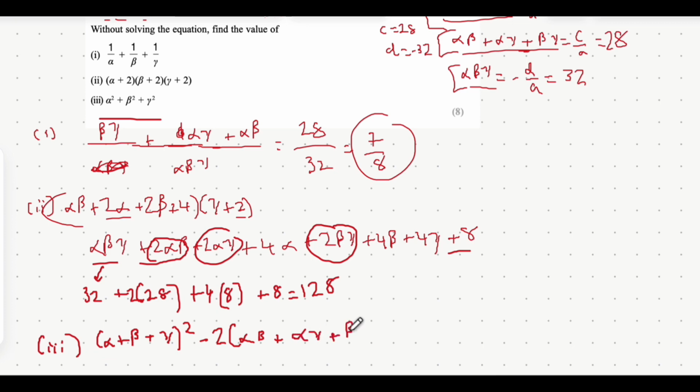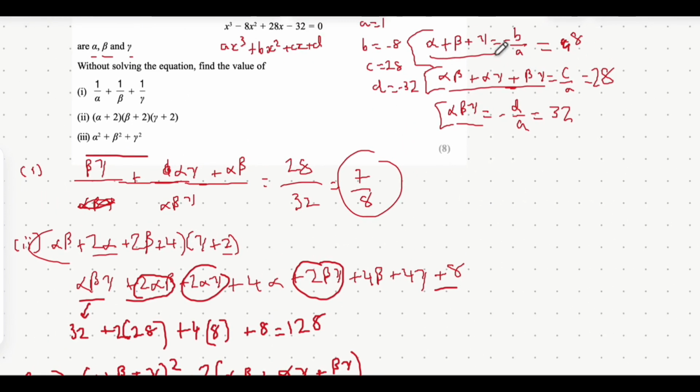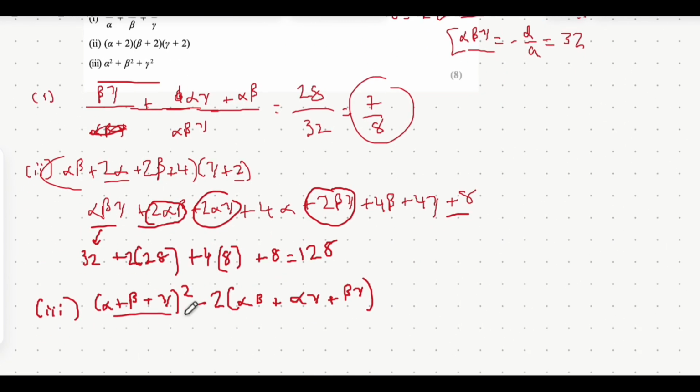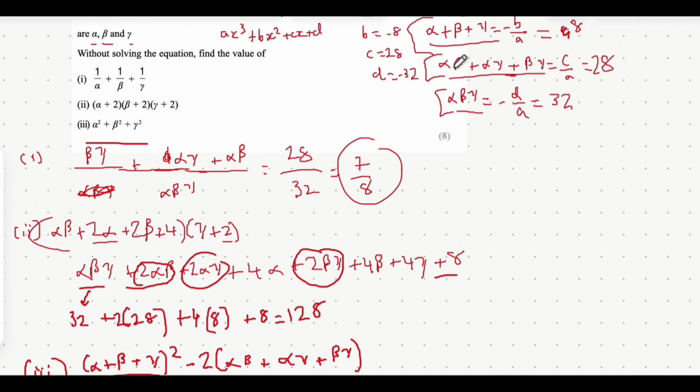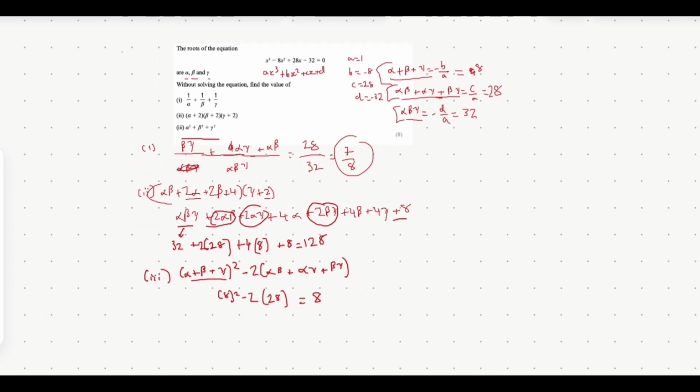I'm sure this looks familiar to you by now. This first bracket has everything that the first equation has, which is 8 all squared. So we can write this as 8 all squared minus 2 lots of everything that this second bracket has, 28. That's 64 take away 56, which is equal to 8. And that's the final answer to this whole question.